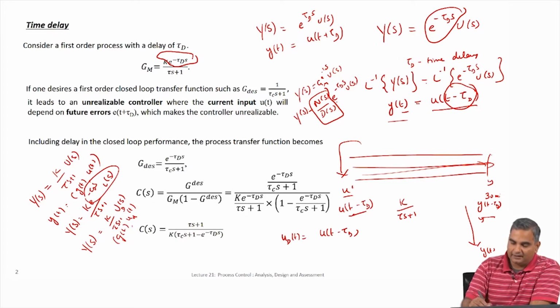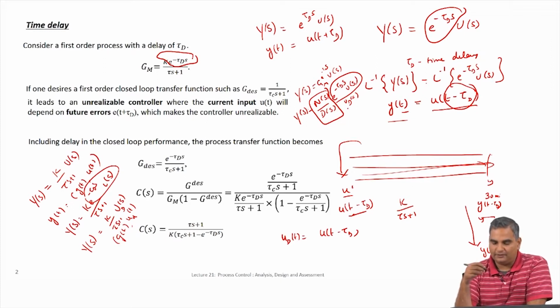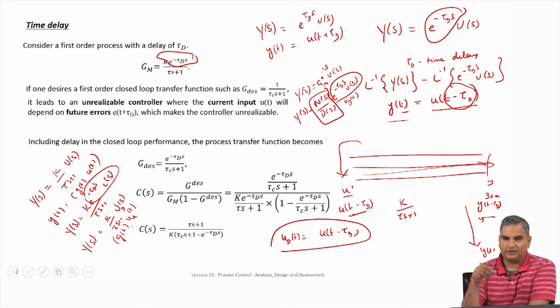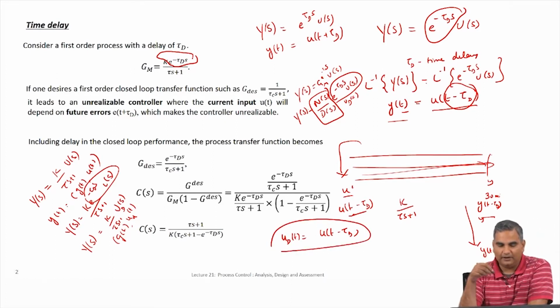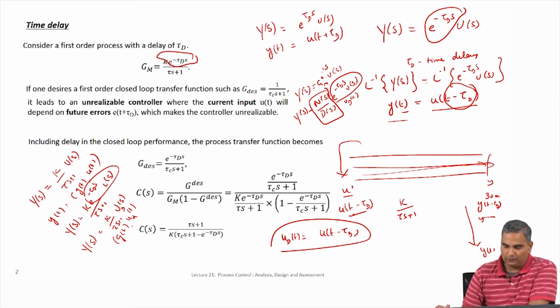except that instead of calling this u of s, I will call it u d of s, and in the convolution integral wherever I have u of t, I will replace it by u of t minus tau d, because u d of s is this here. So in the convolution integral, finally when we do the inversion, it is simply a convolution with u of t, but I make it u of t minus tau d.